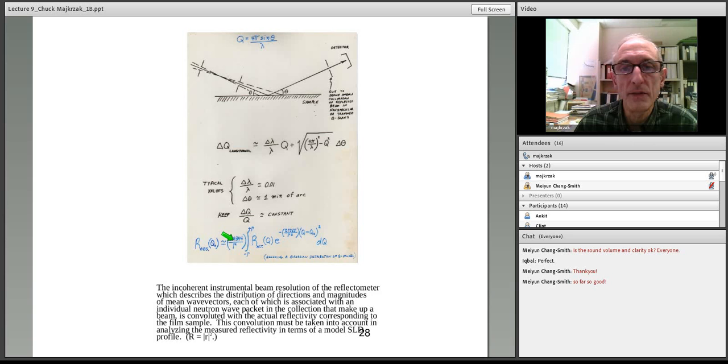So there's this convolution of the real reflectivity corresponding to this particular multi-layered system with the distribution that's represented by the beam.